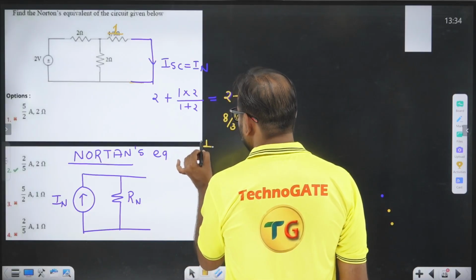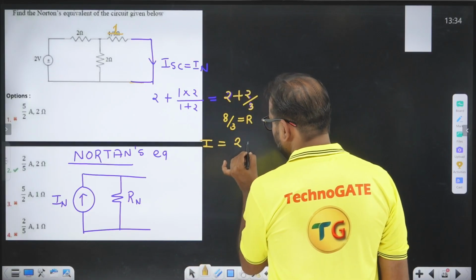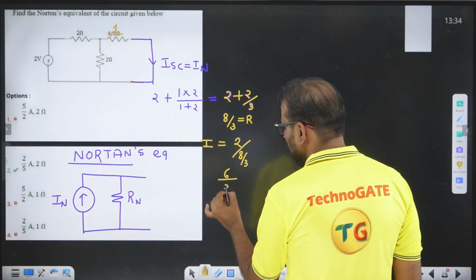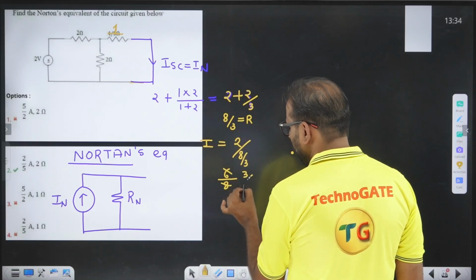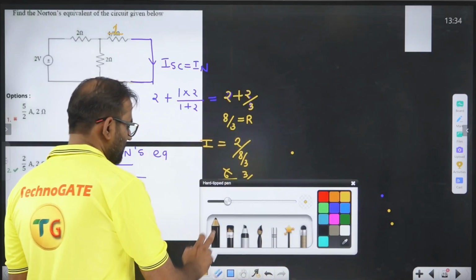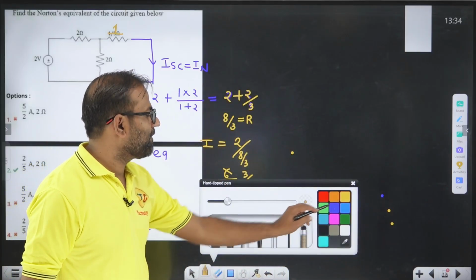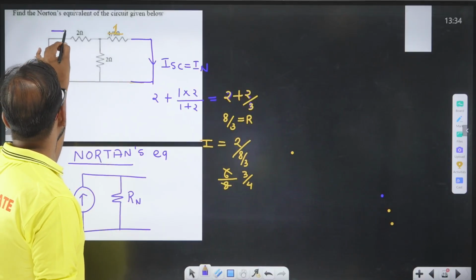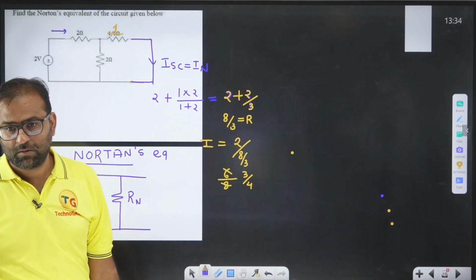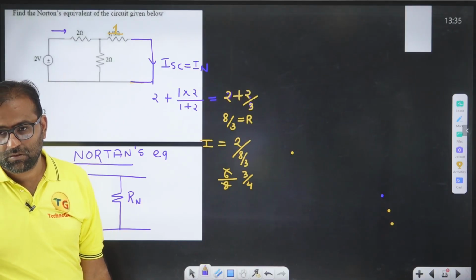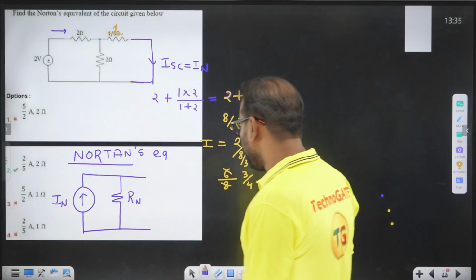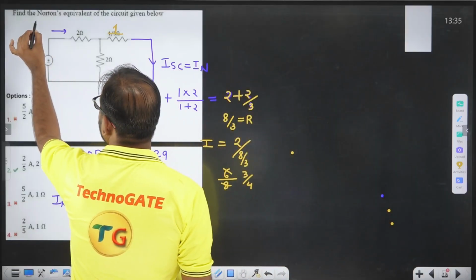So what is the current coming from the source? 2 divided by 8 by 3, so 6 divided by 8, or 3 divided by 4. So the current coming from the source in this network is 3 by 4 ampere.